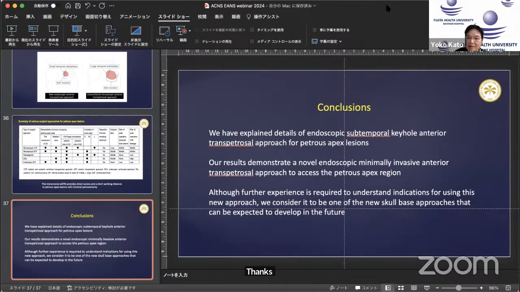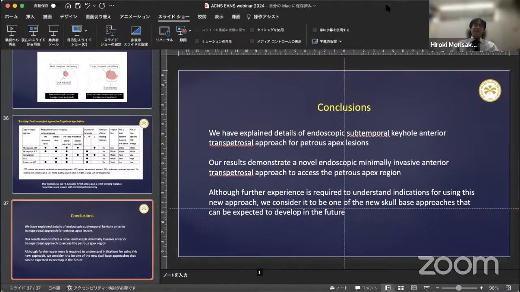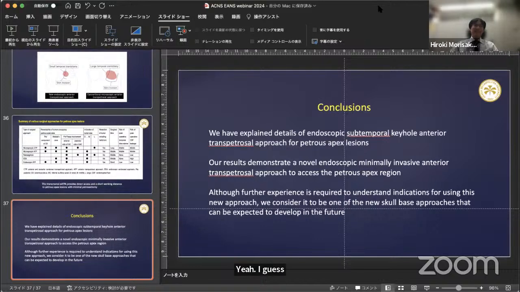Also, the endoscope itself can obstruct ligating the sinus. Yes. So usually the scopist, the assistant, is also very important to perform this procedure. I guess. Yes. Okay. Thanks so much.